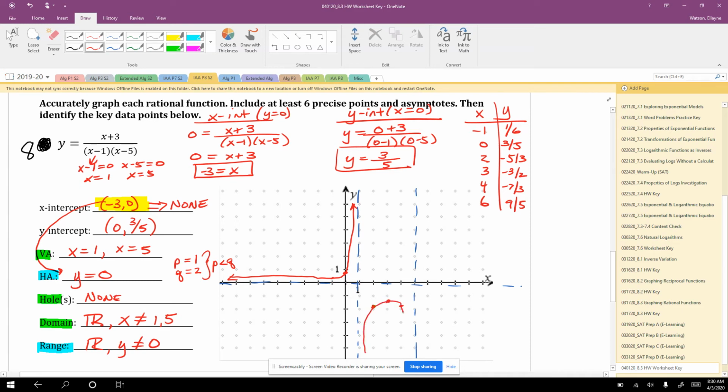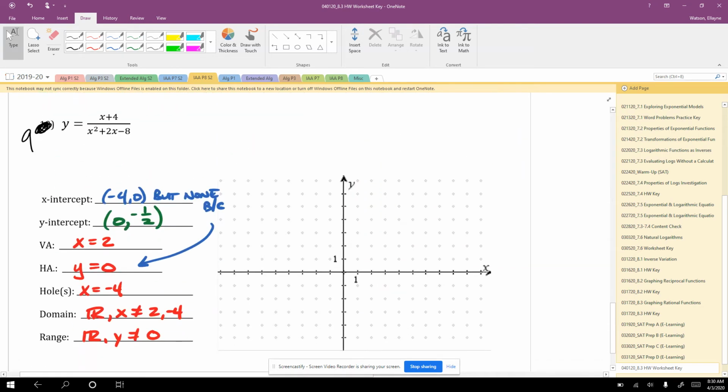So then your middle branch is kind of like this. And then over here, and there you go. Again, I would not worry you guys so much about the actual points on the quiz. I'm not going to have you graph. You would have to find all the key data points like the x-intercept, the y-intercept, etc. But I won't have you actually graph it.